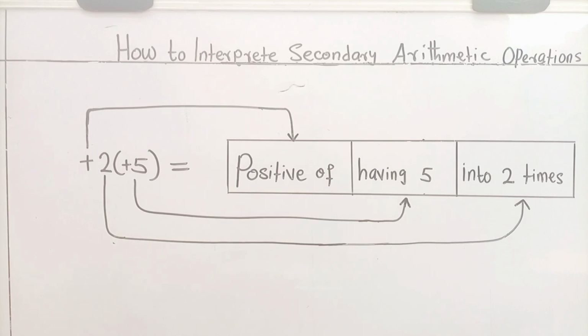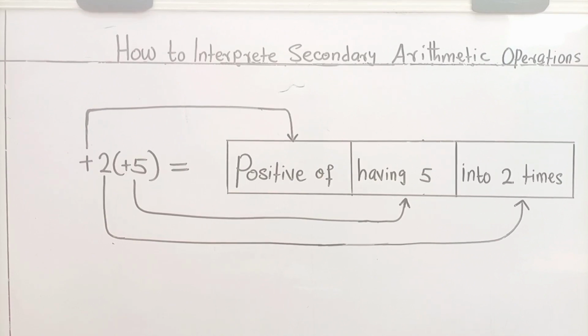That is, can locate its corresponding figure, a number or a sign in a number operation, so that in the course of time, you can interpret number operations without such drawings. This drawing is for a beginner. When you perfect interpreting, you don't need the drawing again. But this drawing or this chart provides a vivid illustration of what happens when we write plus 2 bracket plus 5. Let's look at other number operations.